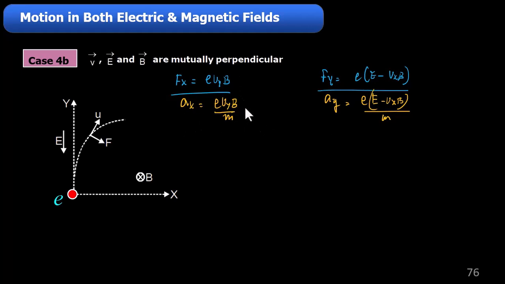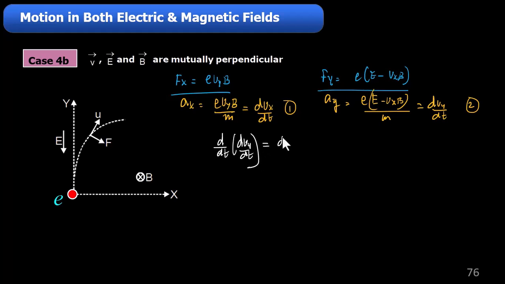Now this ax can be written as equal to dVx/dt. Similarly, this can be written as dVy/dt. Okay. So these are the two accelerations. Let us say this is equation number 1 and this is equation number 2. If we further differentiate equation number 2 with respect to time, that means I want to get the value of d/dt of dVy/dt, that means I am getting d2Vy/dt square.